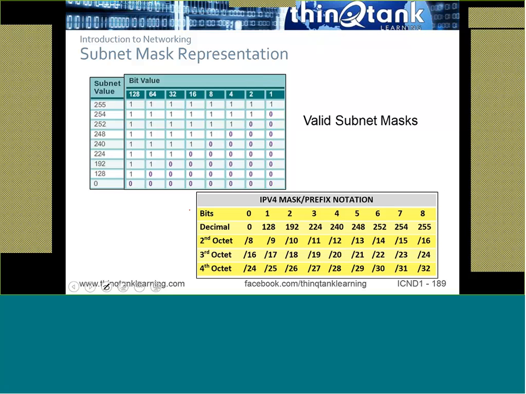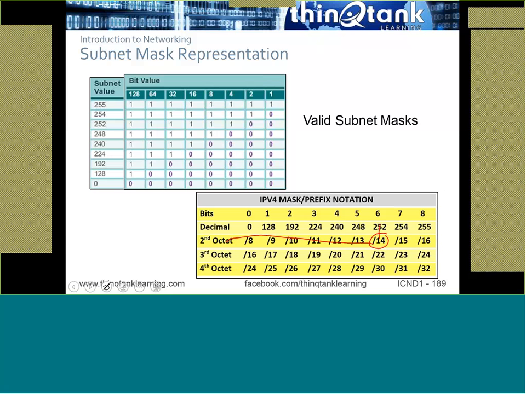If you can somehow duplicate that table, that will save you a significant amount of time on the test. And here's why. If I said, what is the dotted decimal mask for /14? Very simple. Here's /14. It's a 252 in the second octet.